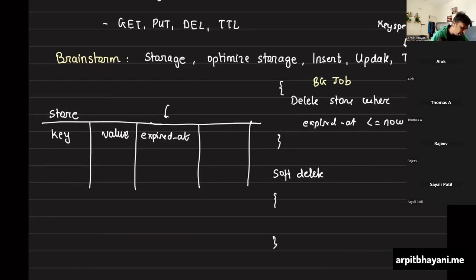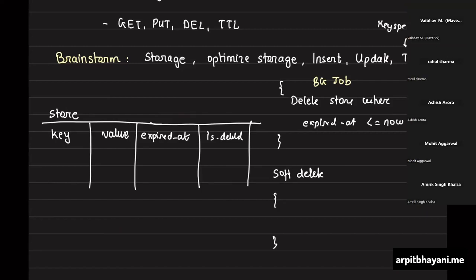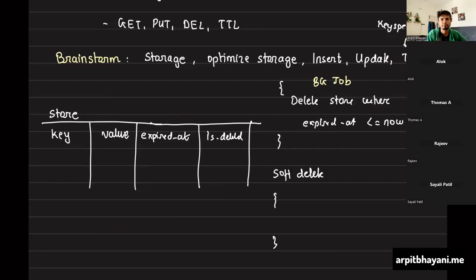So for soft delete, you will add a column. Yeah, or you can maybe change expired at to some negative value. Okay, let's say I add a new column, is deleted. What happens with that? Yeah, you can just set it to true, and have another job that runs periodically and clears out all these deleted rows.